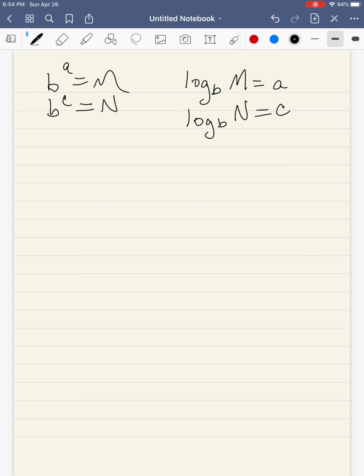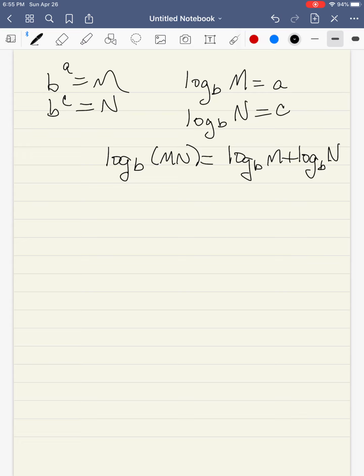In this first one, we're supposed to show that the log base B of M times N is equal to the log base B of M plus the log base B of N. In any show-that or proof problem, you pick one side of the equation to change and you make it look like the other one.